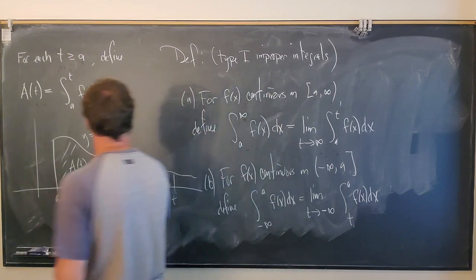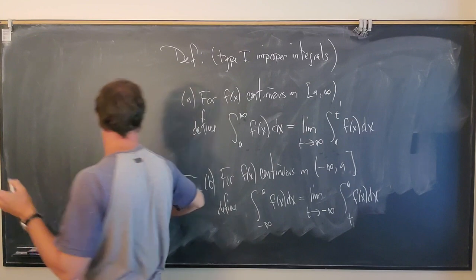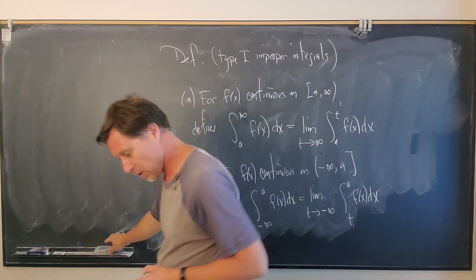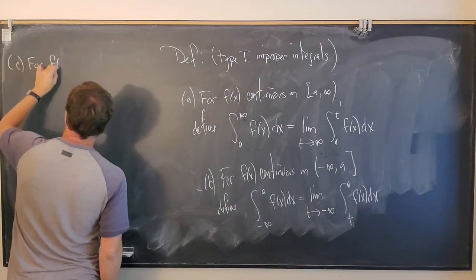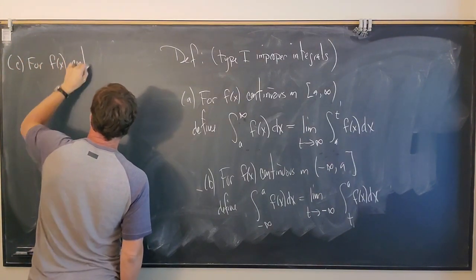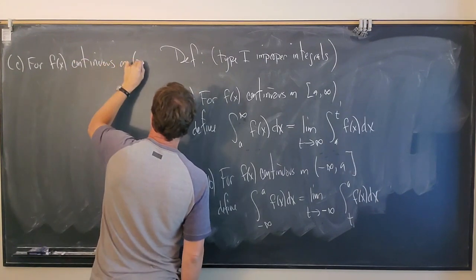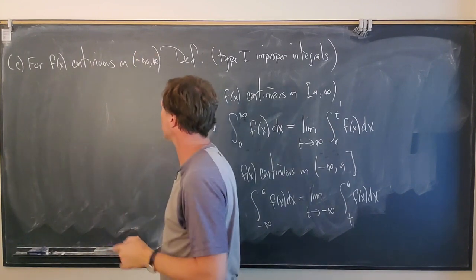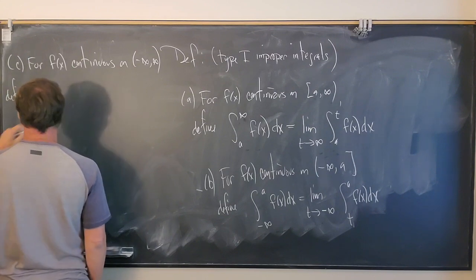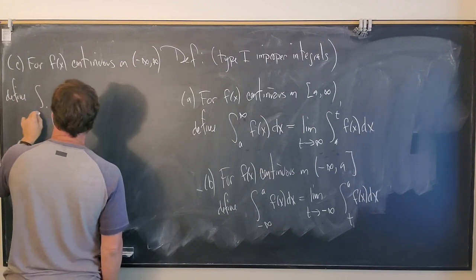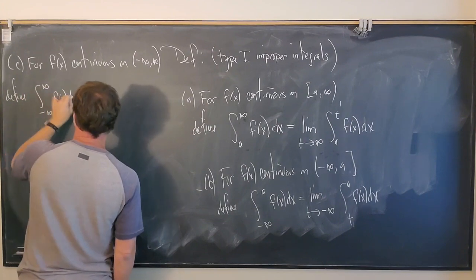And then there's part C of the definition, and that's going to be the situation where we have infinity for the top limit of integration and minus infinity for the bottom. So part C, for f of x continuous on all real numbers now, so from minus infinity to positive infinity, define the integral from minus infinity to positive infinity of f of x dx.